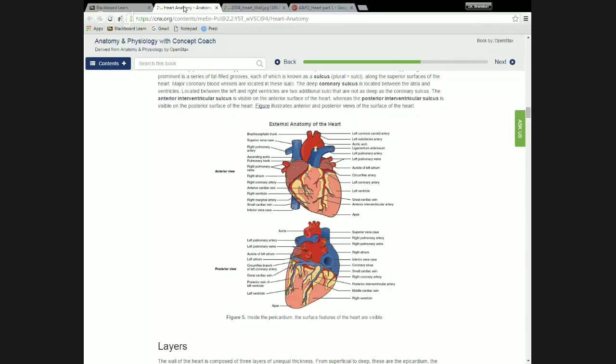I didn't talk about this when I was talking about the ventricle last time, but the right ventricle is mostly anterior, and the left ventricle is mostly posterior, or more posterior. Which is kind of the opposite of what I just said with the arteries.